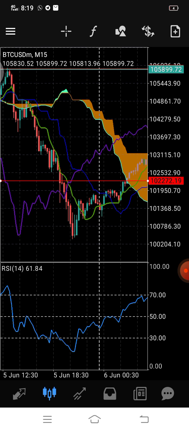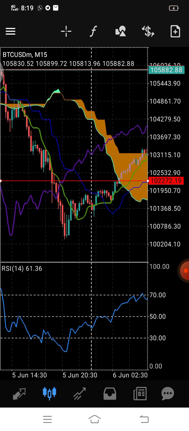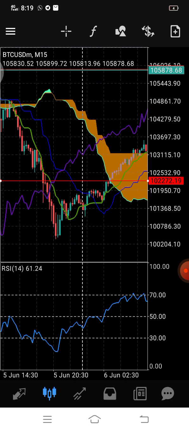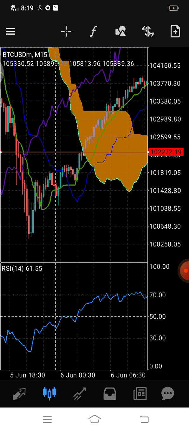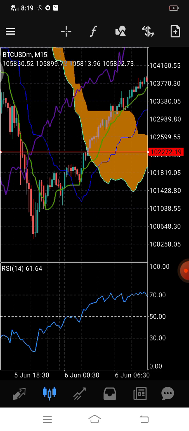Don't you see the orange colored crowd? So we have to wait for the market to move. Let's say the market keeps moving till this point, where the market finally crosses this crowd.